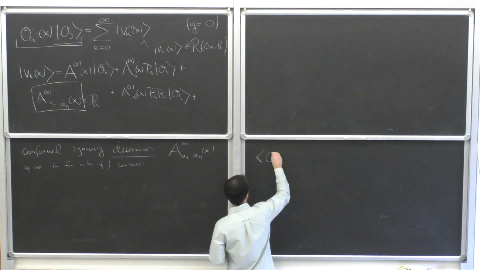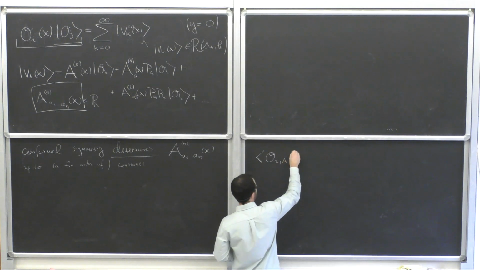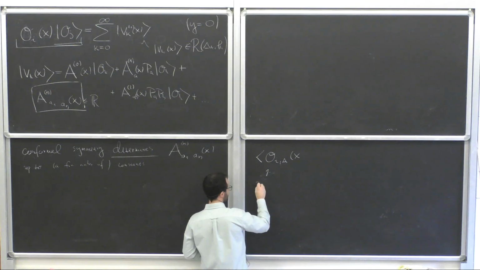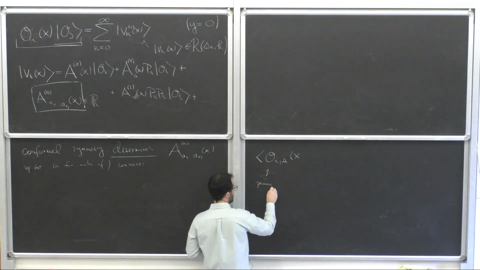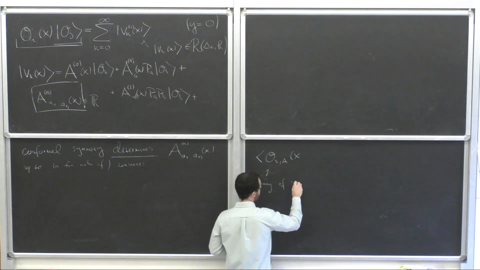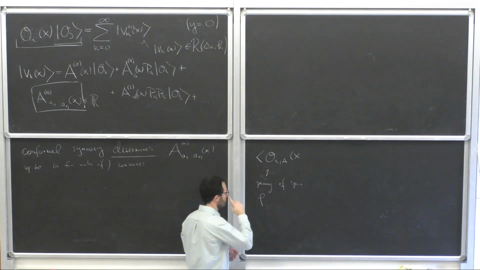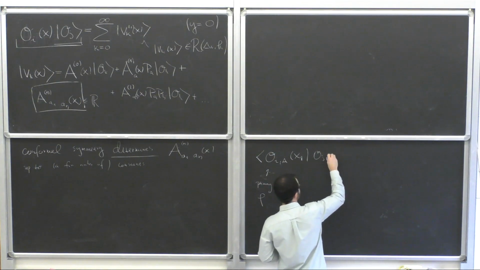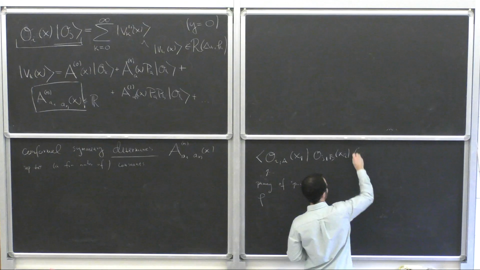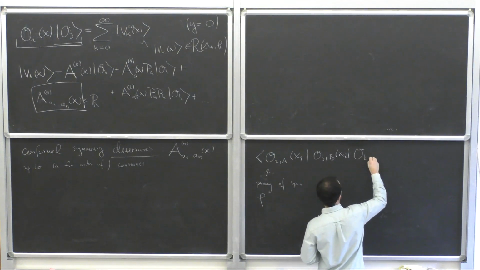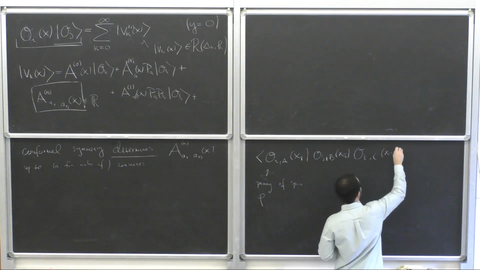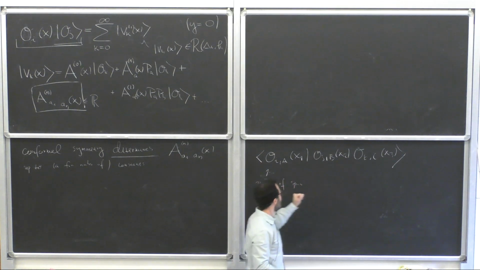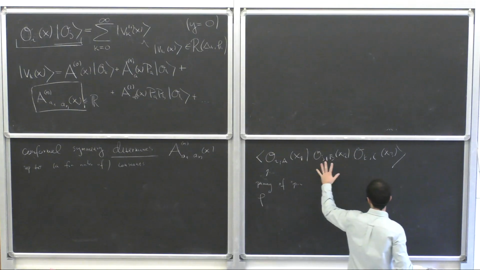If we had considered something like this, where O_i is now a primary of some spin, some representation of SO(d), then what I said before is more or less still true, except instead of one constant, we have 3 primaries, the most general ones, of 3 different scaling dimensions and 3 spins, rho 1, rho 2, rho 3.